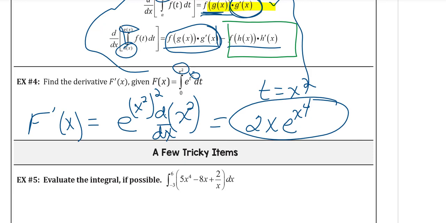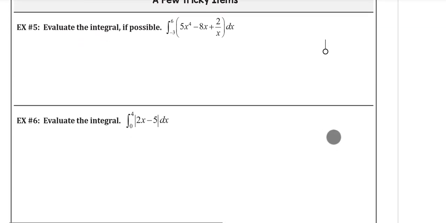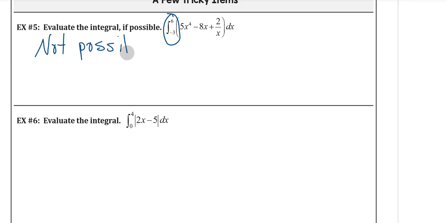Okay, so a few tricky ones. So evaluate this integral. And the problem is, in the first one, is that if you look at our limits of integration, this is not possible. And the reason for that, it looks like it's straightforward because you've got power rule, power rule, power rule.